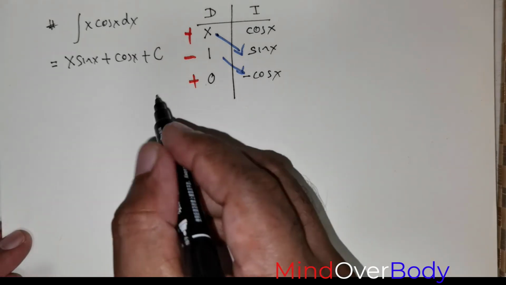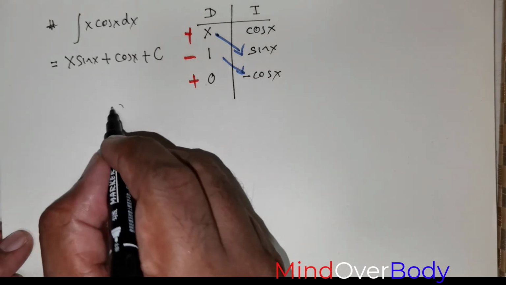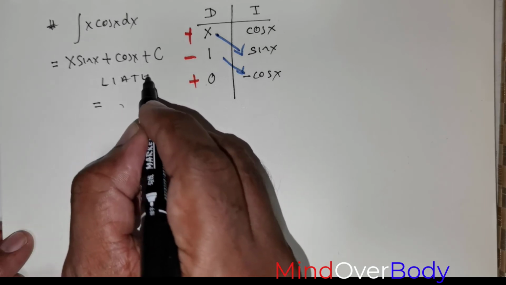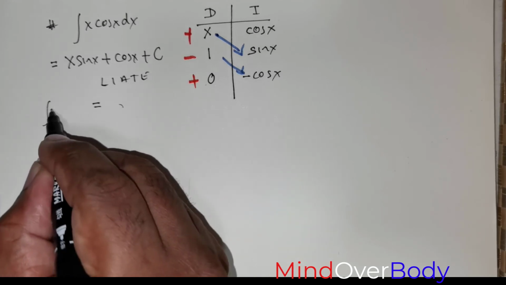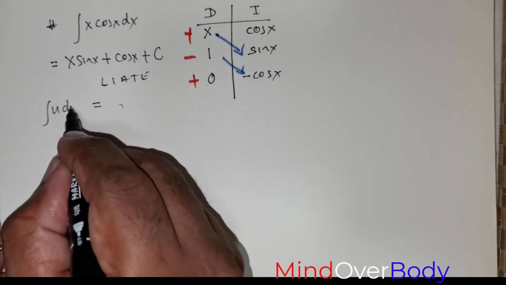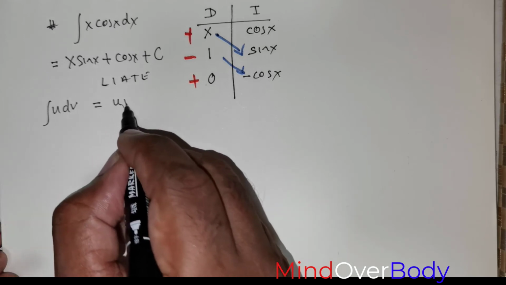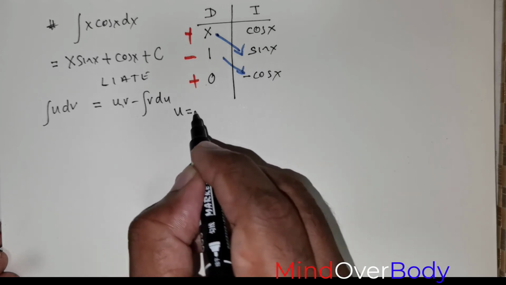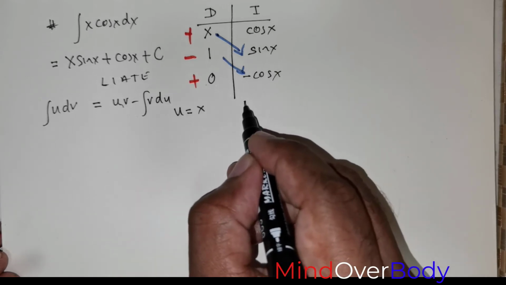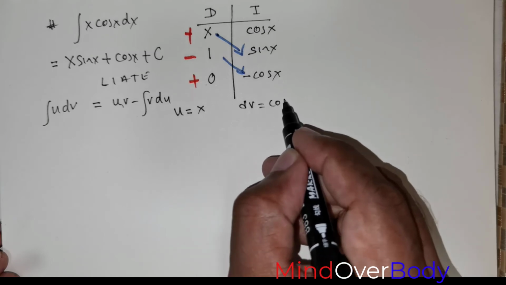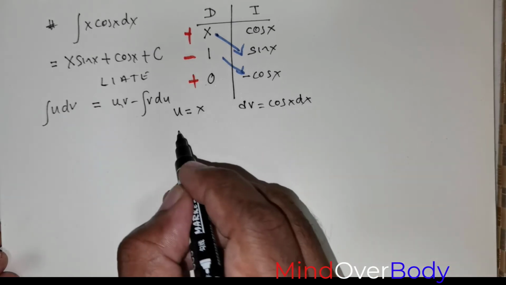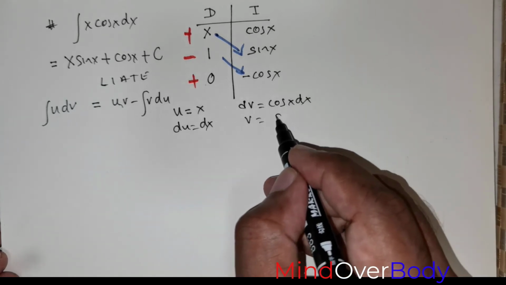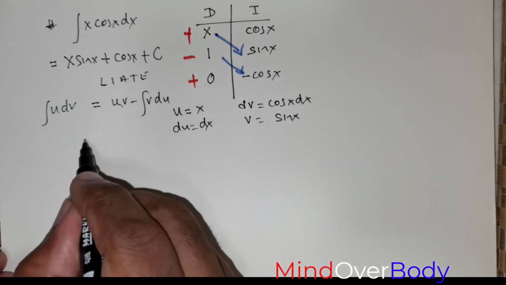Now I can show you by UV technique. If we were to use LIATE, and we know the formula, integral u dv is equal to uv negative integral v du, and I take my u to be x and my dv to be cos x dx. If I differentiate this, I get dx. I integrate this, I get sin x.